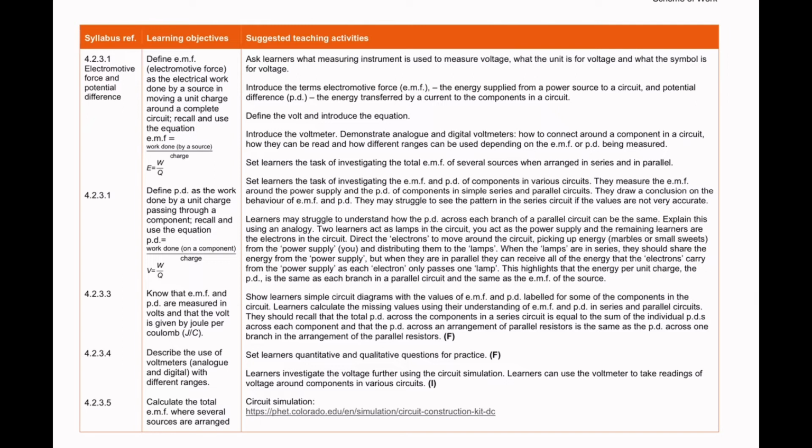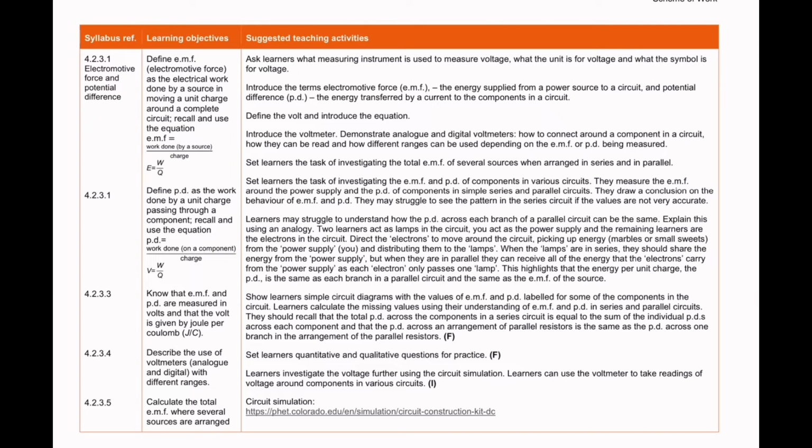Define PD, or potential difference, as the work done by a unit charge passing through a component. Recall and use: PD is equal to work done on a component upon charge, or V = W/Q. Know that EMF and PD are measured in volts, and that the volt is given by joule per coulomb, or J/C.